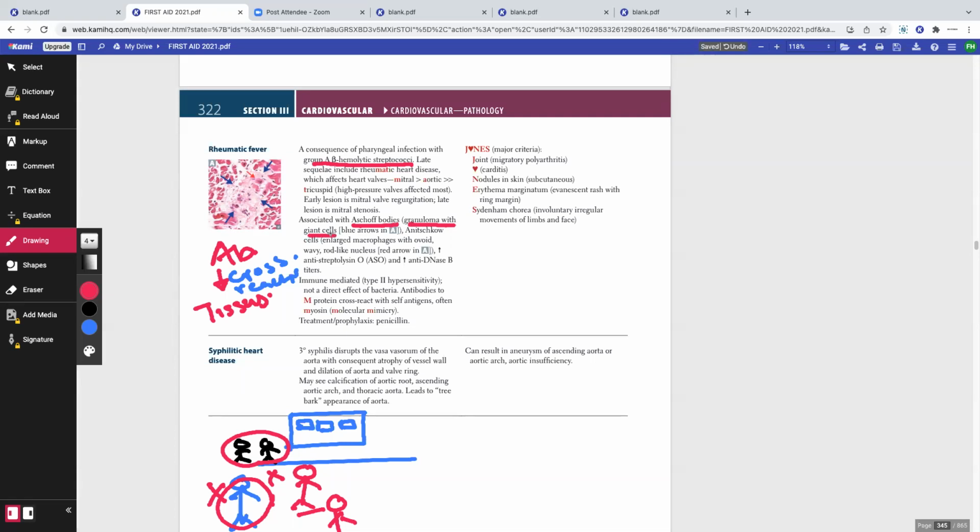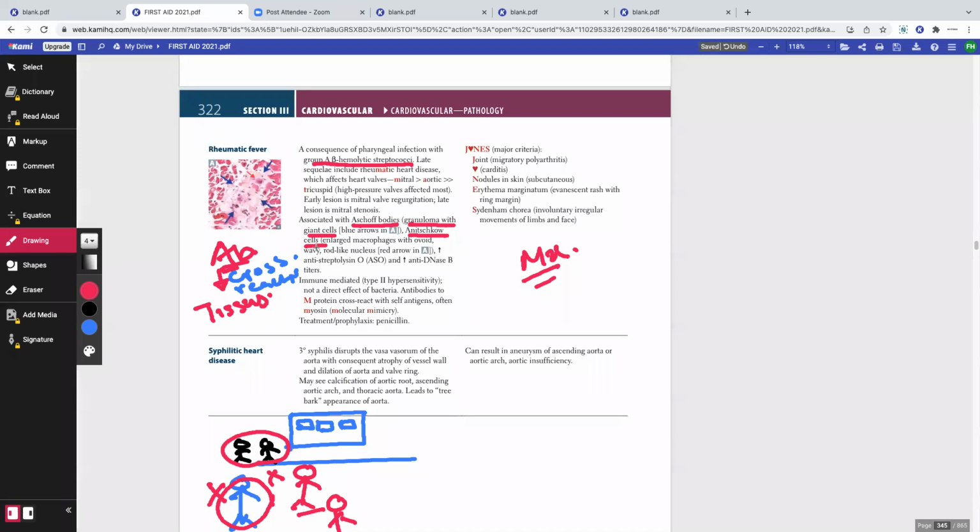They are granulomas. And whenever we have granulomas, do we have macrophages? Yes or no? Epithelioid cells? The answer is yes. The name of the macrophage over here in Aschoff bodies, due to the formation of antibodies in the body, is called Anitschkow cells. Anitschkow cells. Are we clear? That's that.